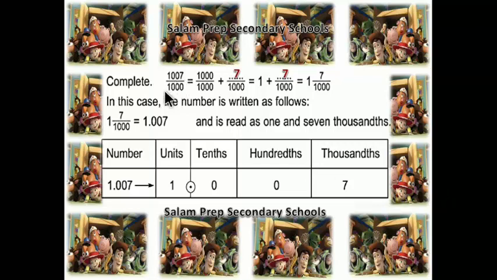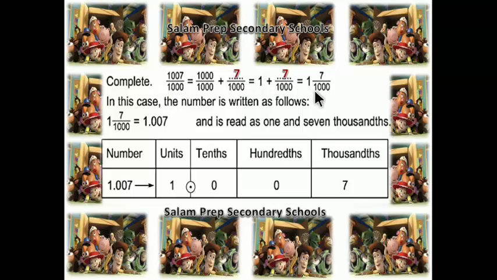1007 over 1000 equal. This is improper fraction. The numerator is greater than denominator, okay? We can write this improper fraction as mixed number.